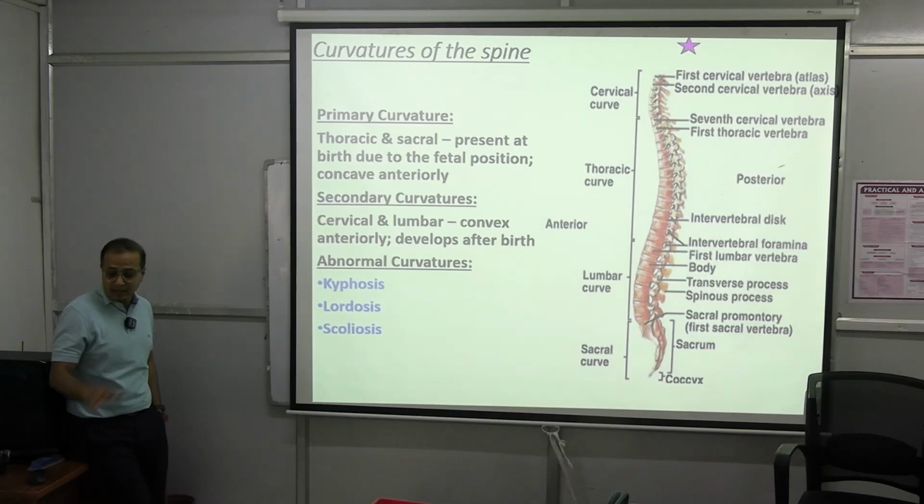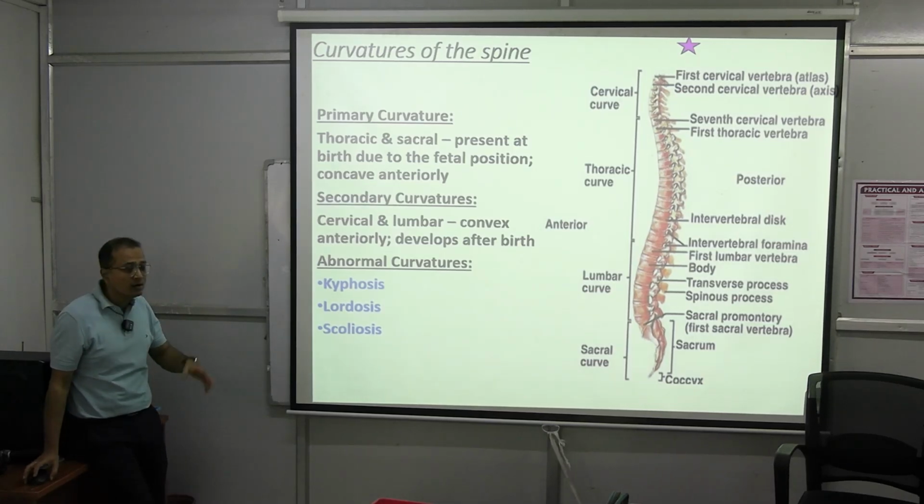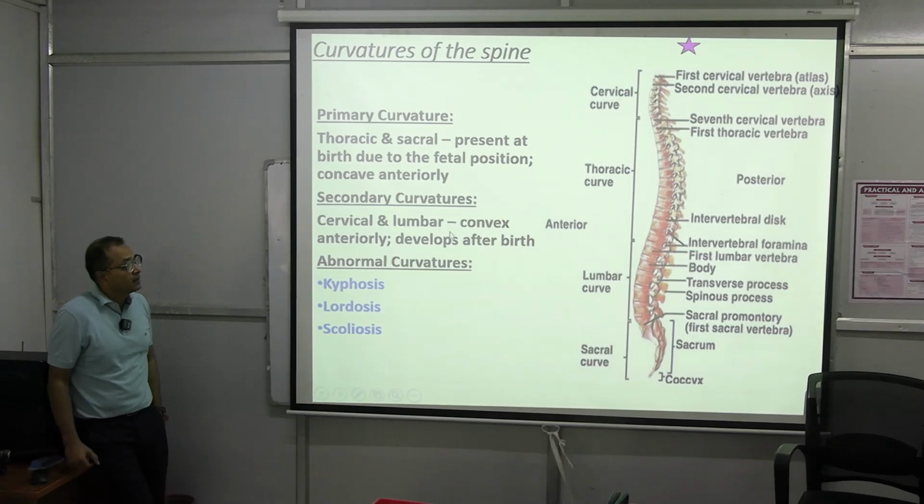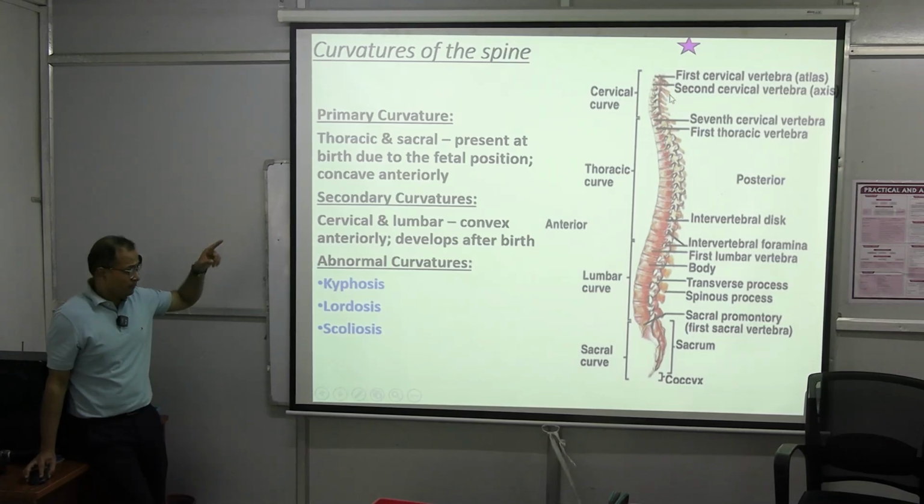The 2 prominent curvatures that we acquire are one in the neck region, the cervical secondary curvature, and the second one, the lumbar secondary curvature. Initially we had a C-shaped curvature; later the cervical curvature and the lumbar curvature came in.